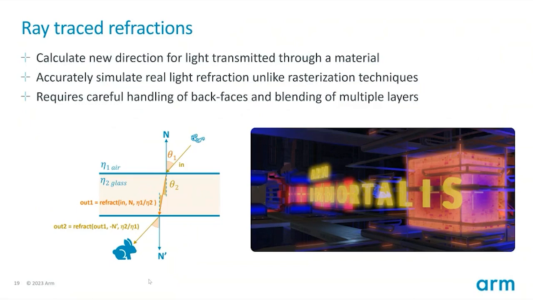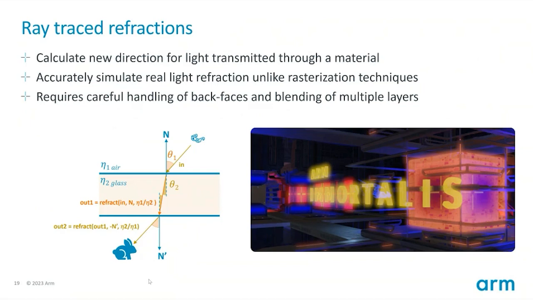With refractions, what we are trying to simulate is how the light behaves through semi-transparent materials. What's happening is that as we have our light reaching something like glass, it will slow down within the object, and then as it comes out on the other side, it will change direction again, and that's what creates this distorted view behind semi-transparent objects.